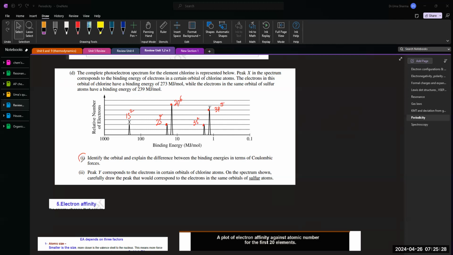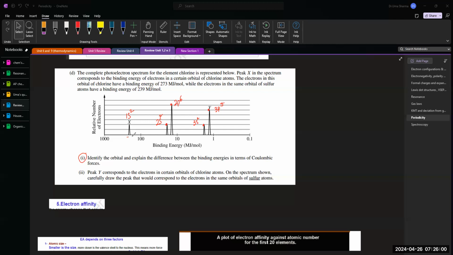Can we do the first part? So we have identified all the orbitals, right? Identify the orbital, explain the difference.